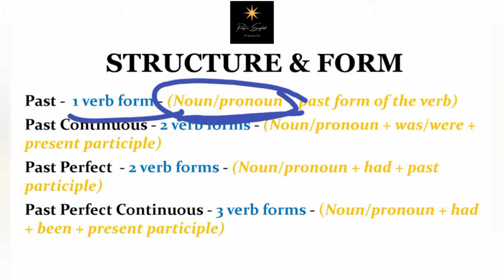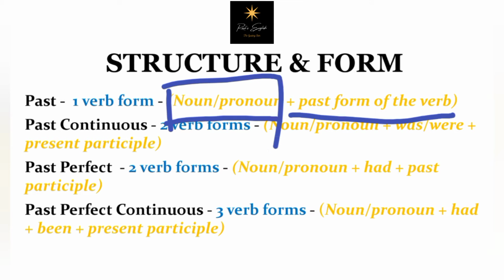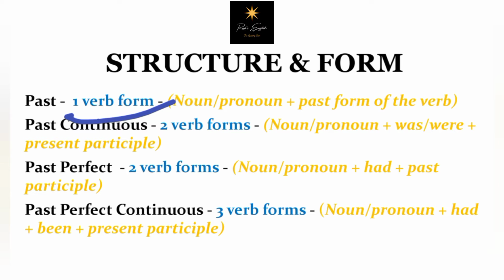So that is all for very advanced stages. So I never use subject. It just confuses everyone. Just noun or pronoun. The first noun or the first pronoun of the sentence and the past form of the verb. That gives you the simple past tense, one verb form only.